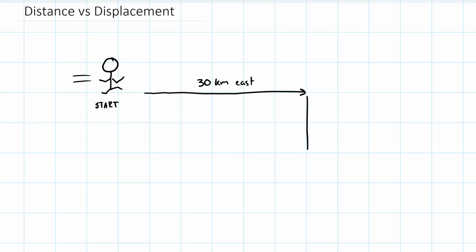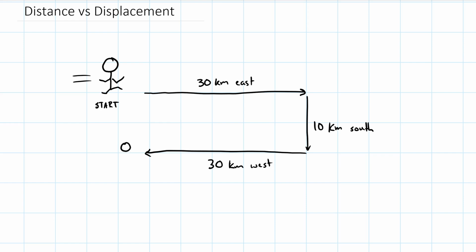You go 10 kilometers south. And then you go in the opposite direction, 30 kilometers west. And we want to figure out what's the difference between the distance this person traveled and the displacement.